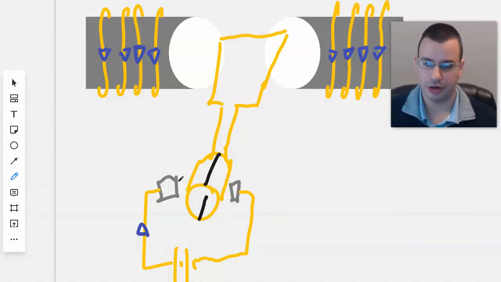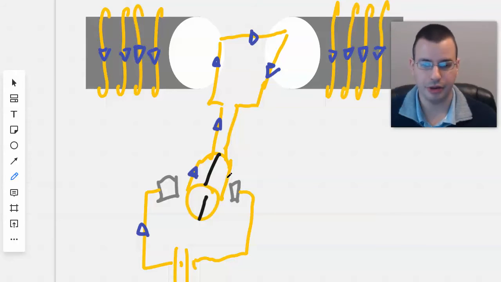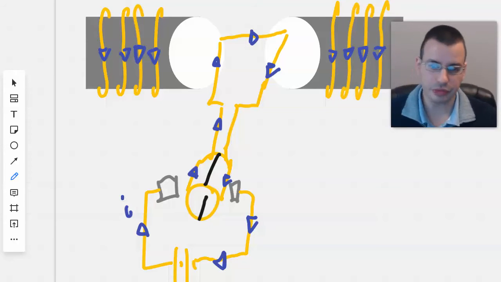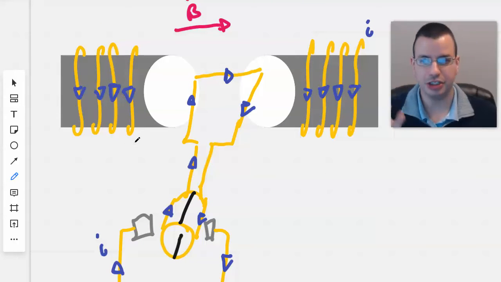And so current comes in here, goes up this way, goes up here, crosses over, comes back down, comes over here, comes through the carbon brush, and then back to the battery source. So we've got two sets of current. This first set of current is simply here to generate the magnetic field.